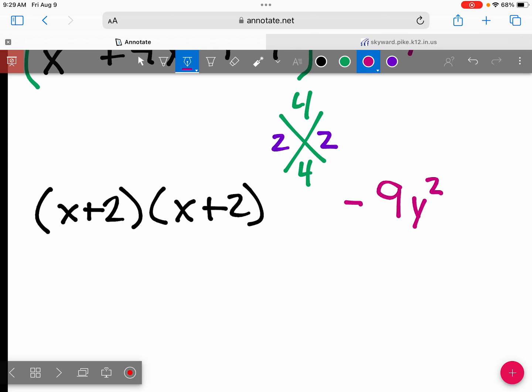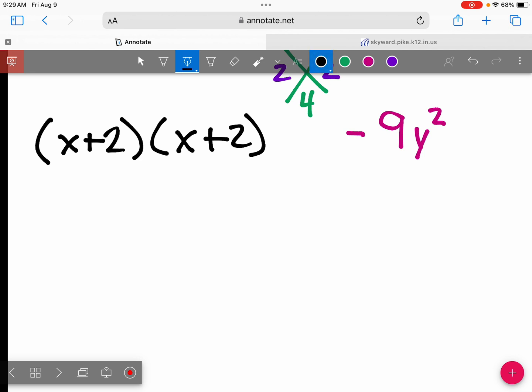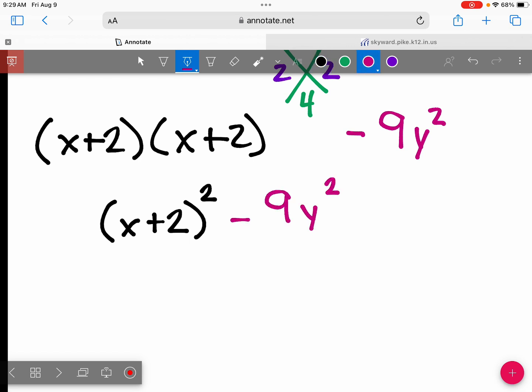And this would be one of those times when it really helps for us to notice I can write that as an exponent. x plus 2 squared minus 9y squared.